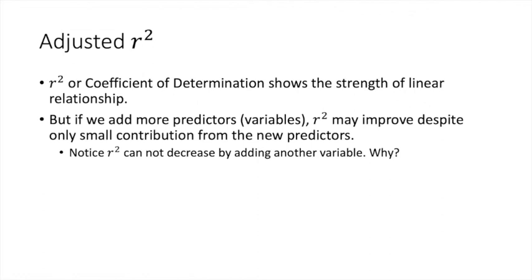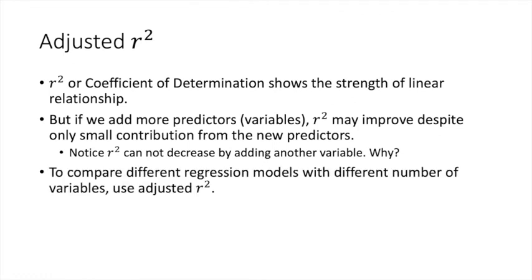Notice R squared can never decrease by adding more predictors, simply because if a predictor is bad, the regression procedure is smart enough to automatically set its coefficient or its parameter to 0 and hence nullify the impact of a bad predictor. Hence, we can make a large regression model with a high number of predictors, each of which is not individually a great predictor.